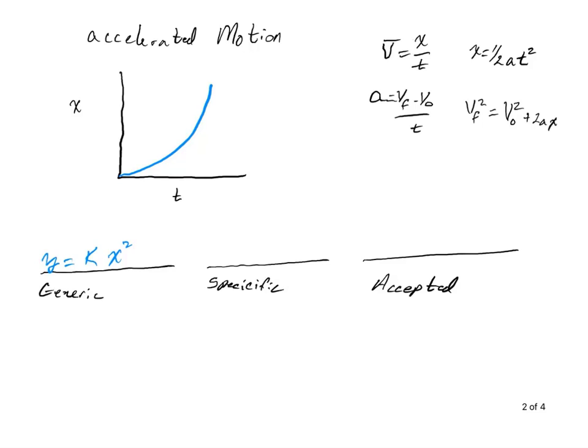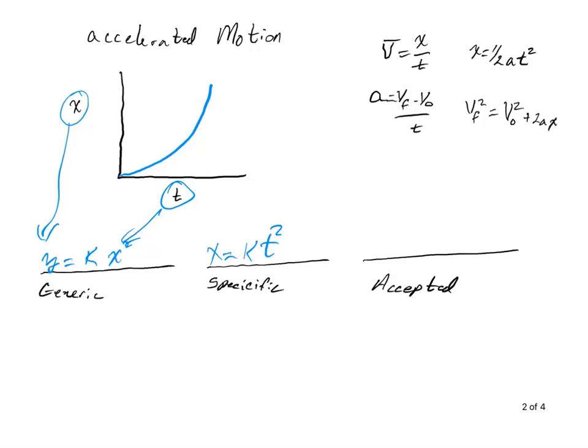Then, for the specific equation, if we substitute our y variable in here and our x variable in here, this becomes x is equal to some constant multiplied by t squared.